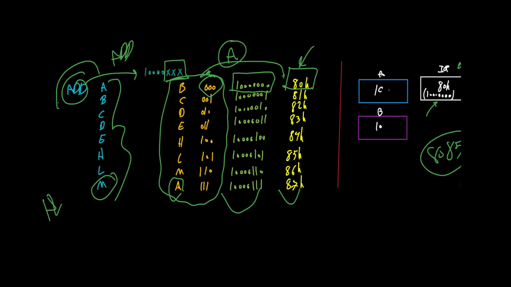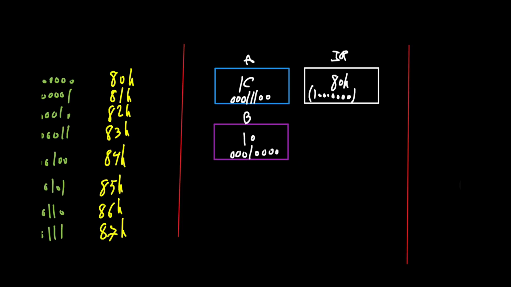Let's say the value of A is 1C in hex, which in binary would be 0 0 0 1 1 1 0 0, and B would be 0 0 0 1 and 4 zeros.